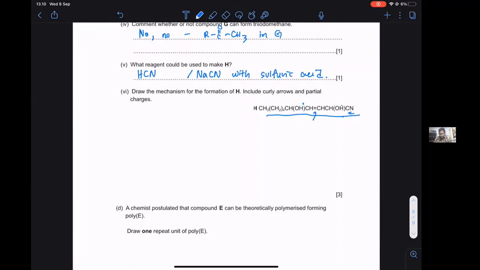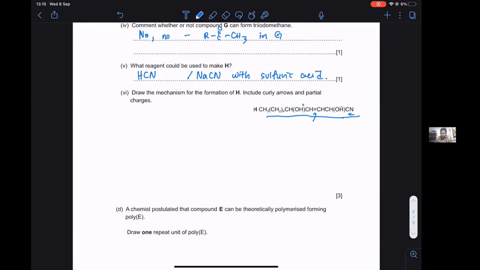So this one, you know that before this, they have this carbon over here. This carbon has hydrogen, now has OH, now has CN.